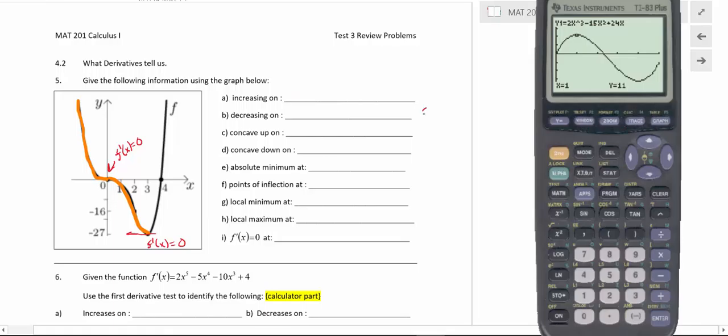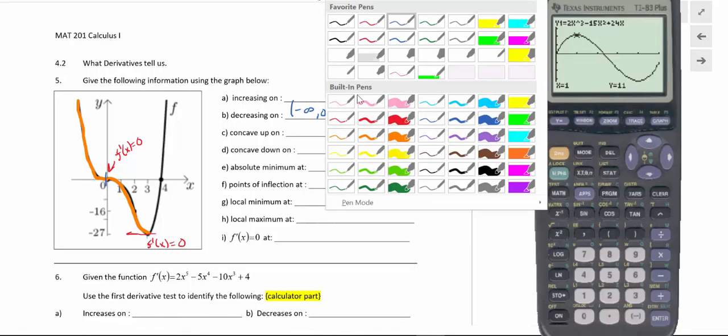So decreasing is a place where the first derivative is negative, not where it's equal to 0, but where it's negative. So you have to break this up into two intervals. You're going to say negative infinity to 0, union, then 0 to 3. You got to look at that value, you got to look at that value. You got to break it up into two intervals.